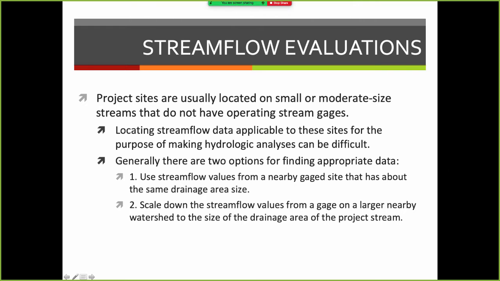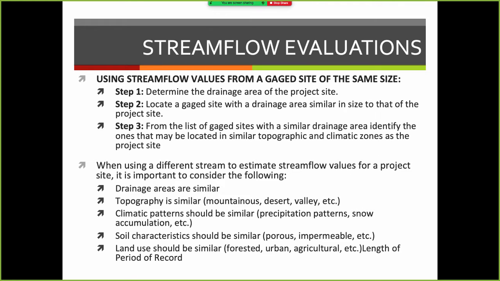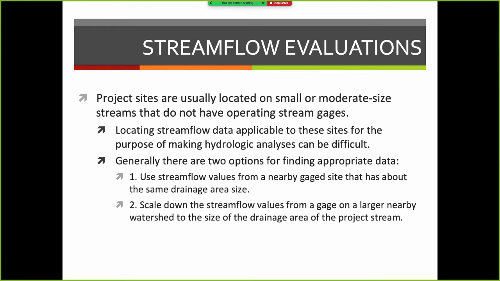There are two options for finding data: streamflow values from a nearby gauge site of about the same drainage area size. So that's a transposition approach where the area ratio is 1. Or downscaling from a nearby stage, and that would be the area ratio as in the prior slide.